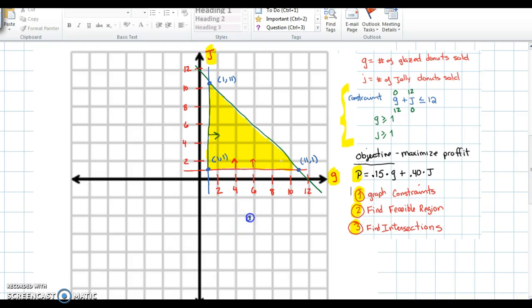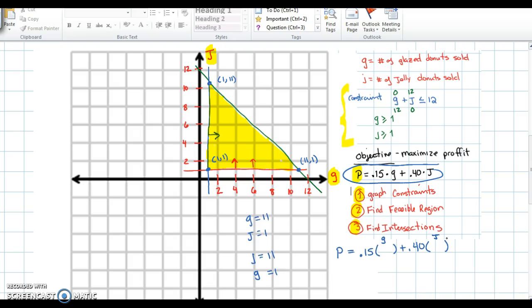So we're looking at glazed equals 11, jelly equals 1, or jelly equals 11, glazed equals 1, and we have a profit function that says our profit will be equal to 15 cents times G plus 40 cents times J.